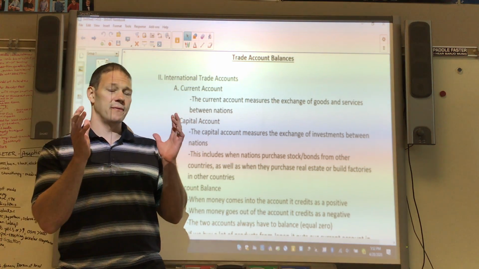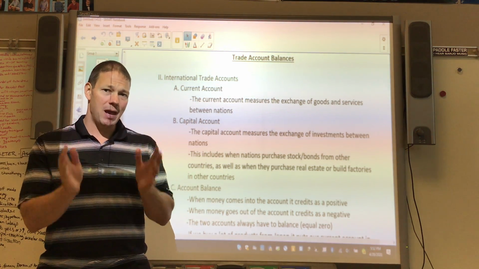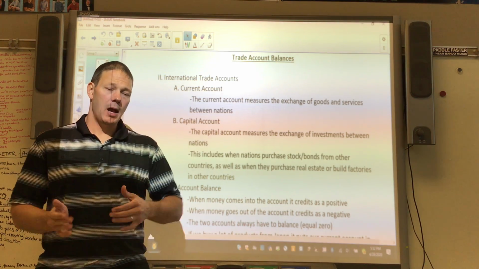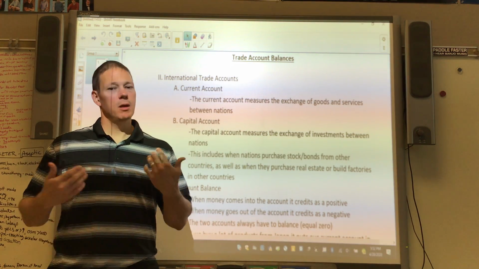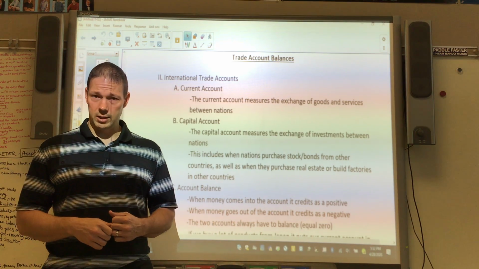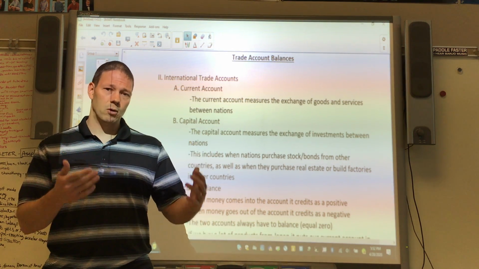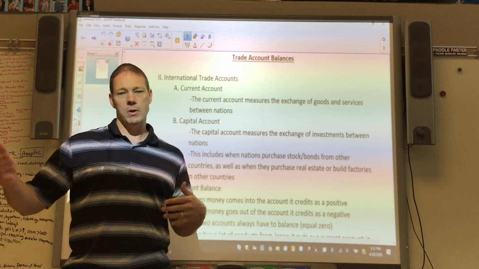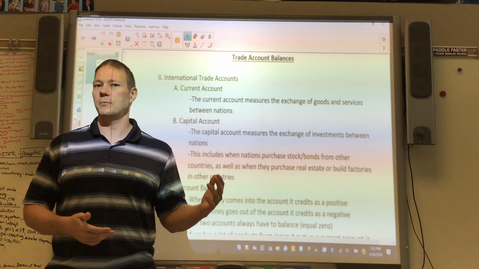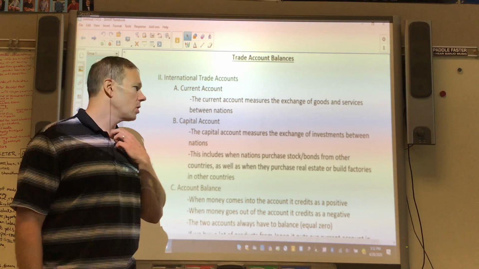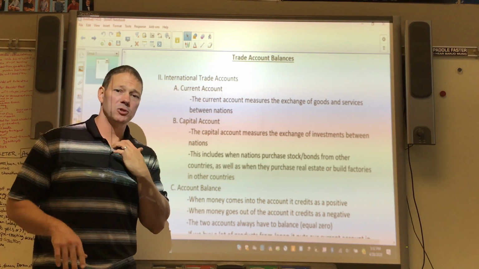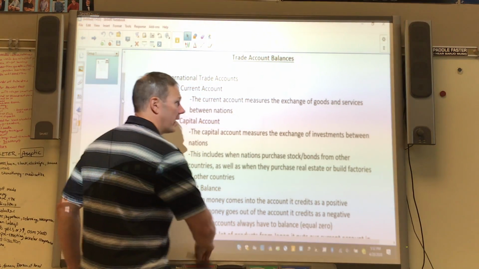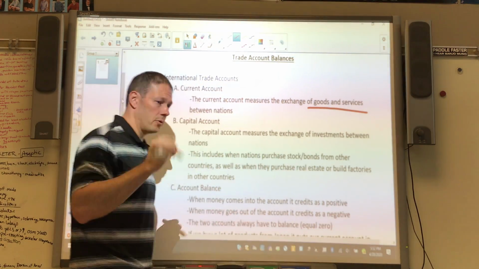Think of it as anything that's made in one country and then sold to another country goes in the current account. Okay, so when we sell agricultural produce to other countries, when we buy tea from England, when we buy maple syrup from Canada, whatever, all those things go in the current account. The current account measures the exchange of goods and services. Okay, make sure you know that.